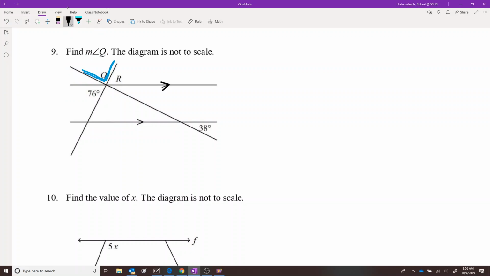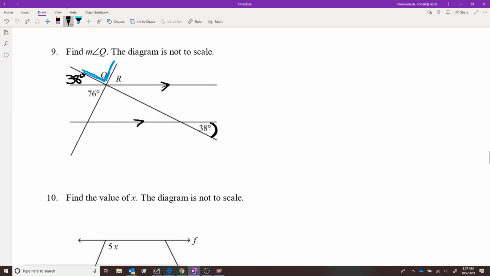You got a parallel, and you got a transversal. This 38 degree angle right here is the same as this angle right here. This is 38 degrees as well. Those would be alternate exterior angles. It's just this other line in here messes with your eyes.